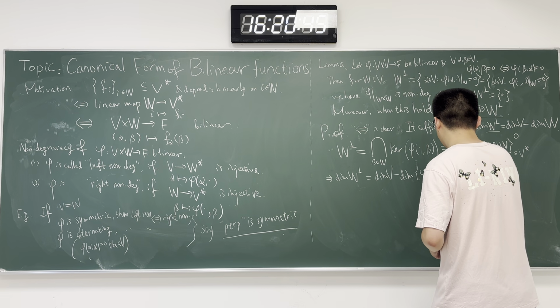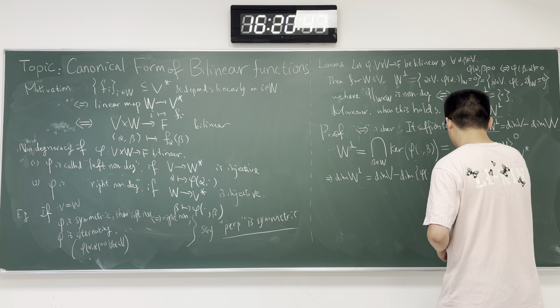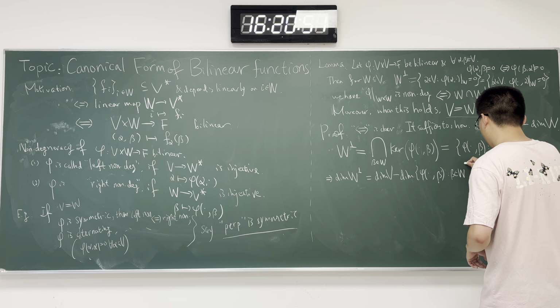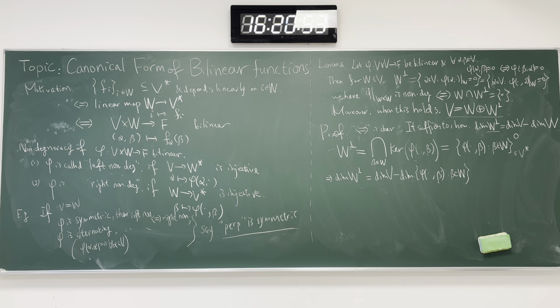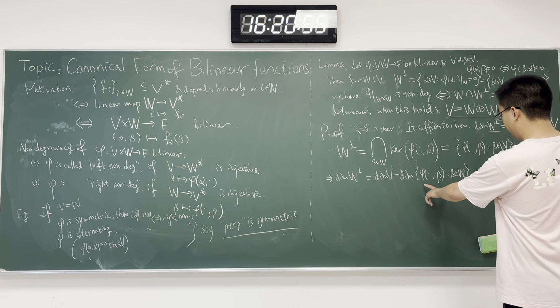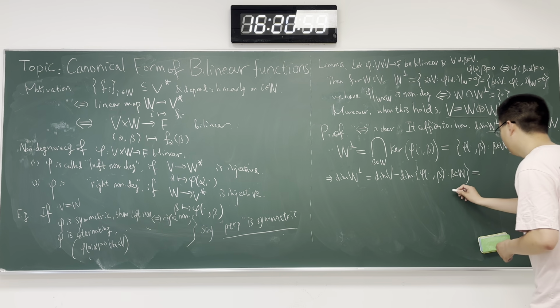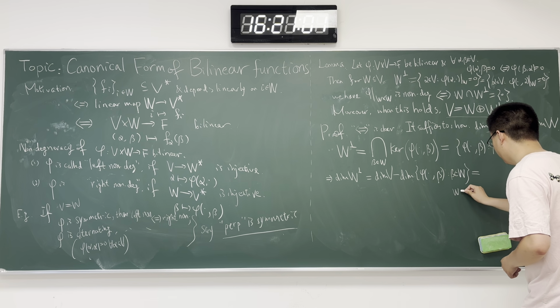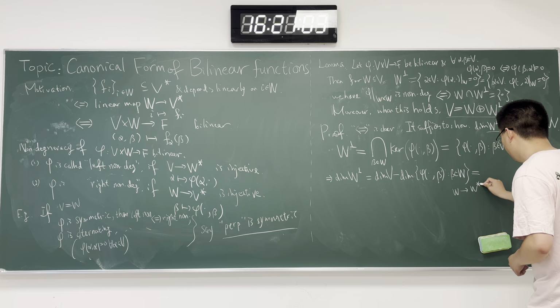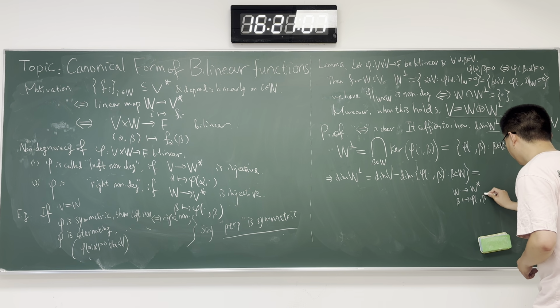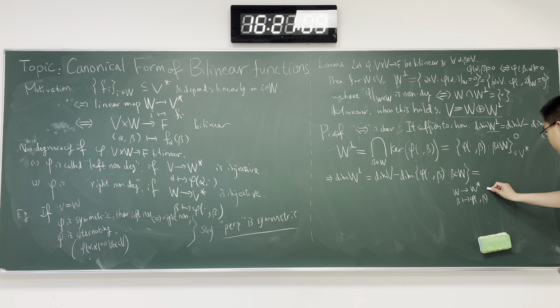That equals the dimension of the span of phi(·, beta), beta in W. But note that since phi is non-degenerate on W, the map from W to W star, sending beta to phi(·, beta), is injective.